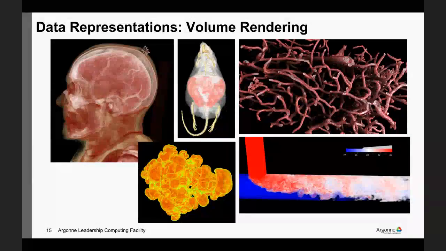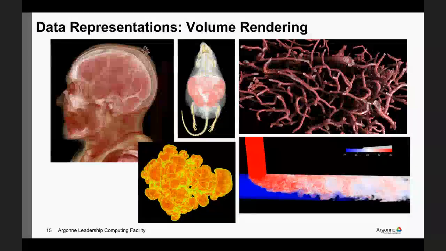And at each of those samples, you look up what the data value is at the sample, and you assign a color and transparency level to each of those samples based on the value you find there. So you can do things like, for example, our little mouse friend here. This is essentially density.